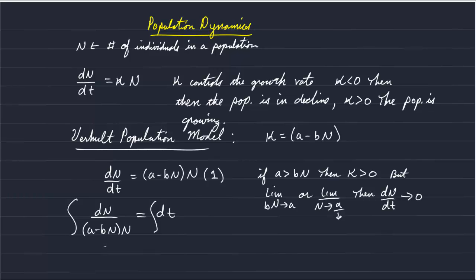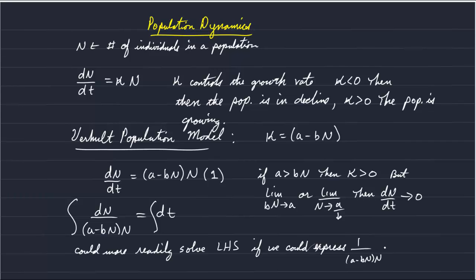But you can imagine we could more readily solve the left-hand side if we could write the denominator, this term (a minus b n) times n, in terms of the sum of partial fractions.